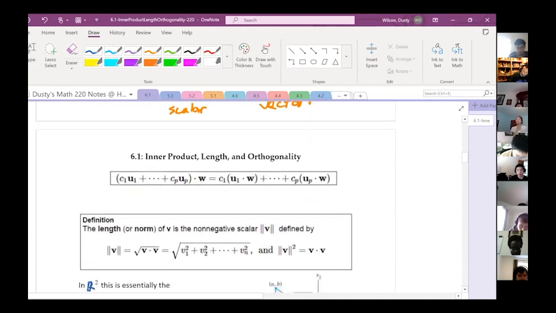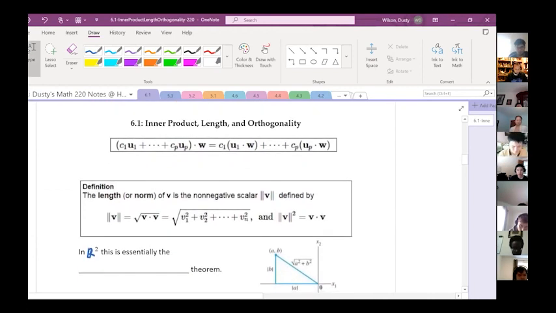All right. I want to point something out in this next little statement. When I have c1 u1 plus dot dot dot plus cp up, what else did we call that? Elsewhere in this class, we've given this a name. Pythagorean's too complicated. This is a linear algebra name. So from Ben, this is a linear combination.